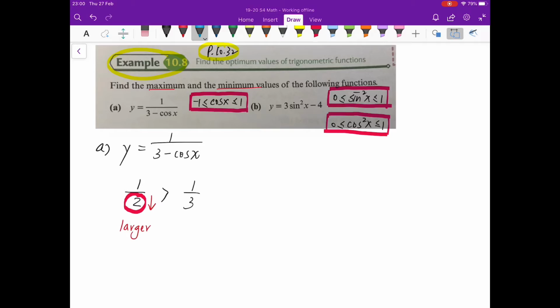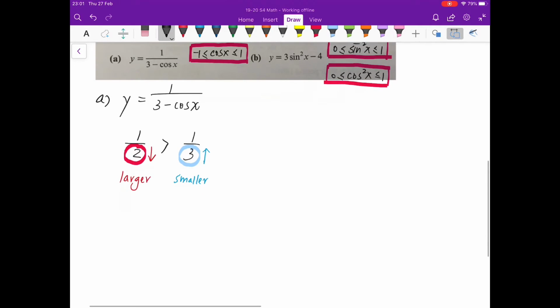And vice versa. If the denominator is larger, then the fraction will become smaller.